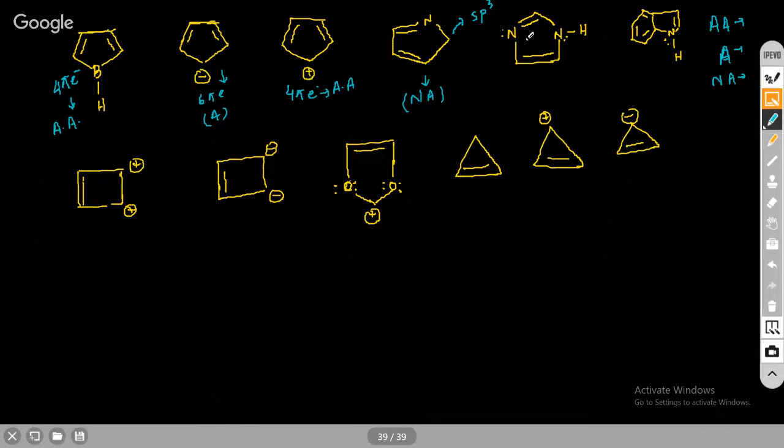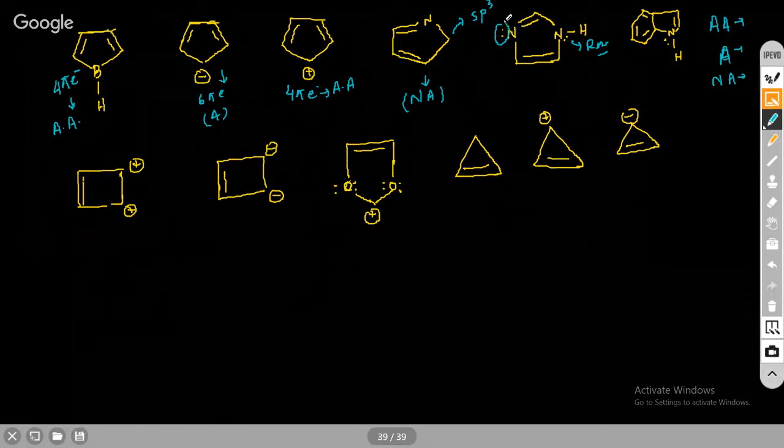What about this one? Fifth one. How many pi electrons in the fifth one? See, actually, in these two pi bonds we have 4 electrons, and this lone pair is involved in resonance.